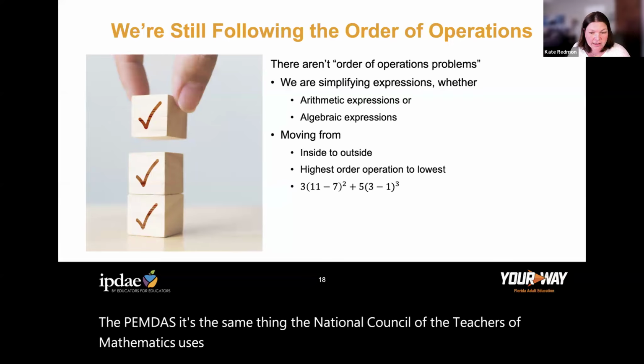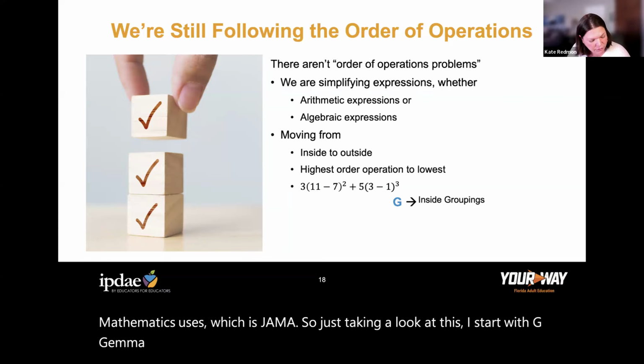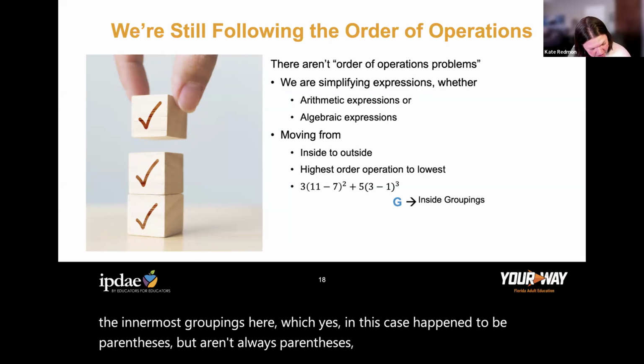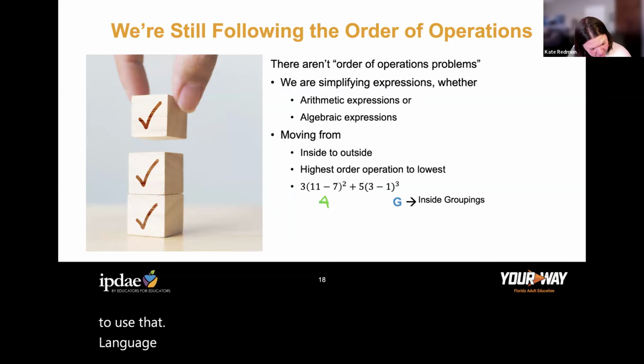So just taking a look at this, I start with G, GEMMA meaning inside of groupings. So starting within the innermost groupings here, which yes, in this case happen to be parentheses, but aren't always parentheses, which is why it's important not to use that language for just parentheses.